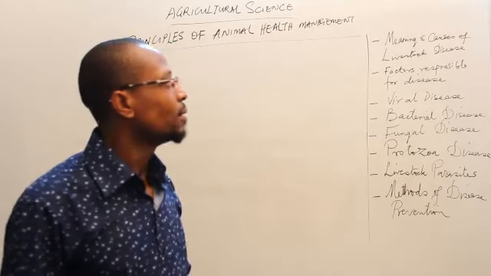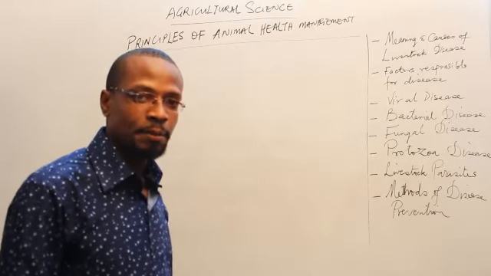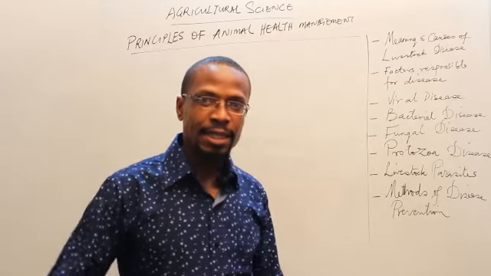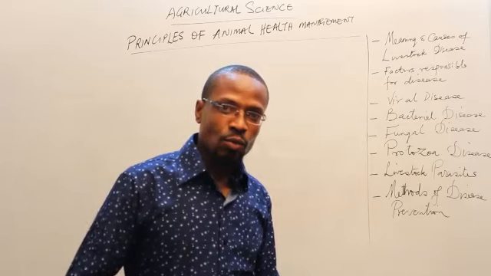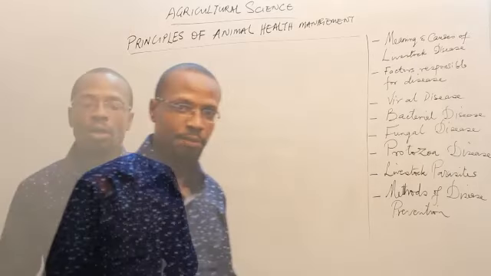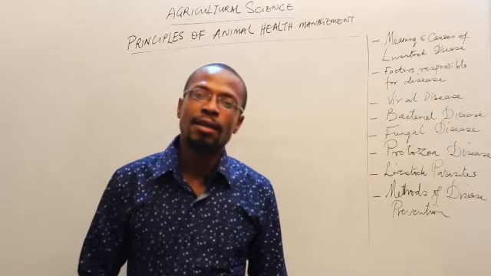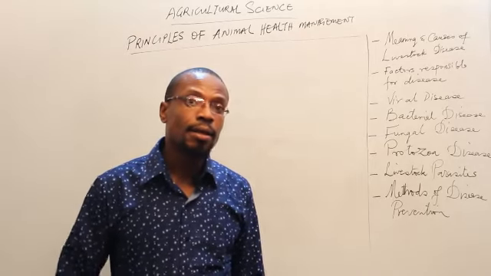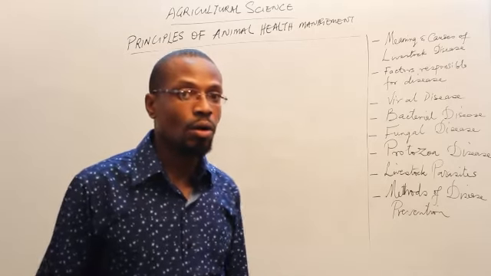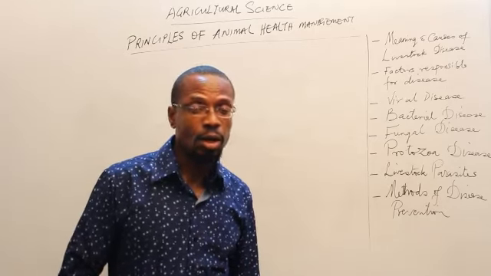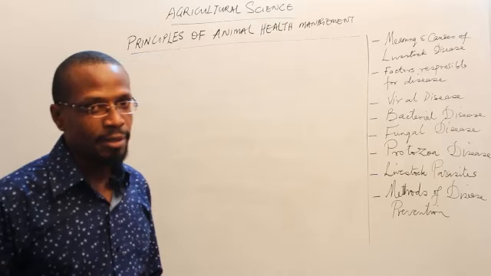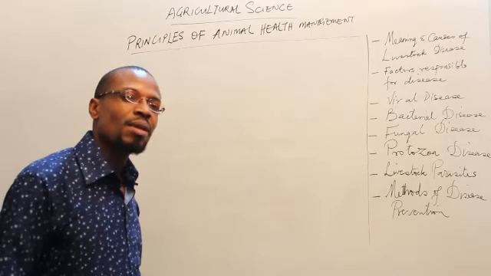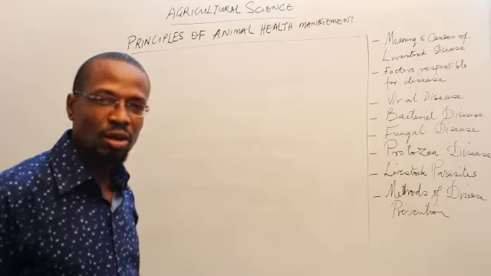Now, what do we mean by disease? Just like the word sounds, dis-ease, when the body is not at ease. So, a disease is a state of abnormality in the body of the animal or the livestock. Disease is a deviation from the normal functioning of the body.